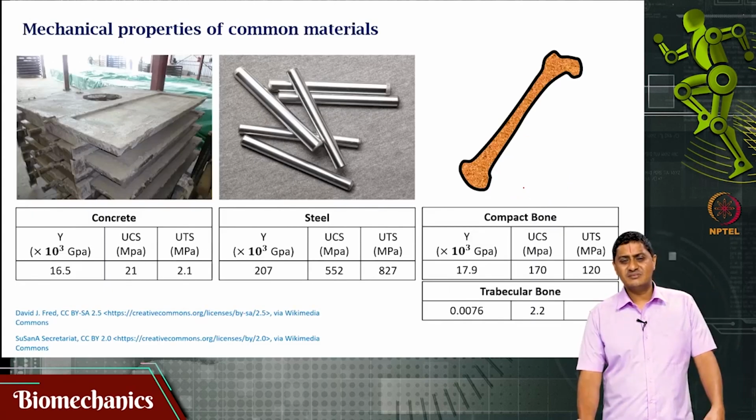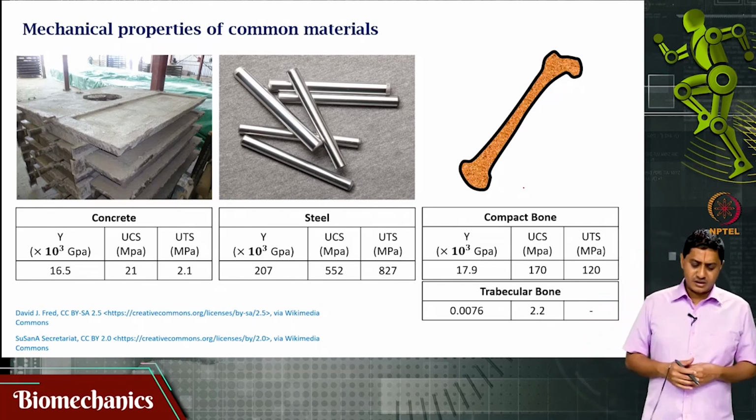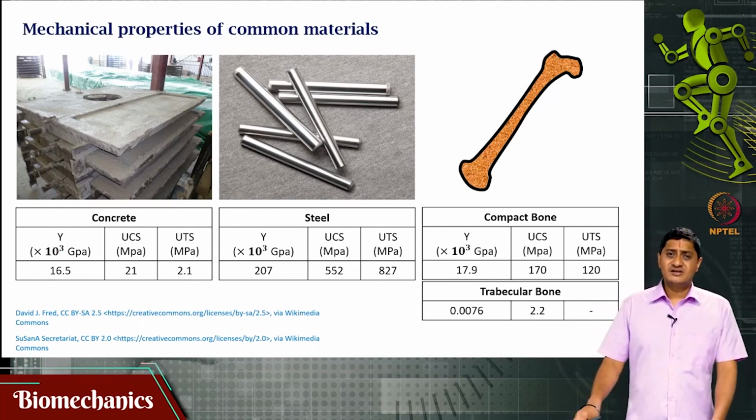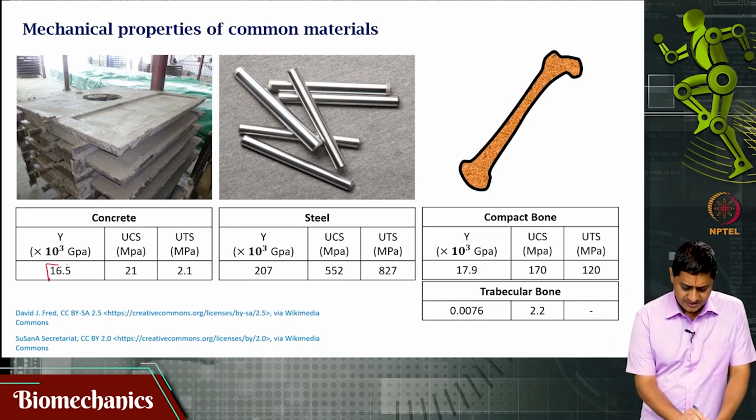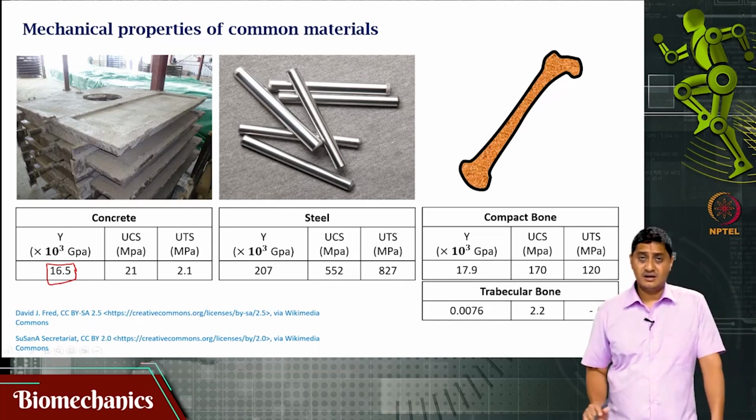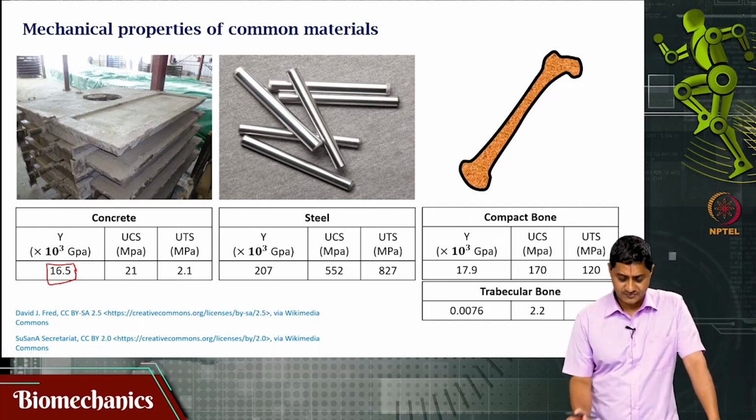Now, let us take some time and compare the biomaterial of our interest for this part of the course, which is bone, with some engineering materials whose properties we know very well. Let us look at concrete. If you keep comparable units, concrete has 16.5 units of elastic modulus.